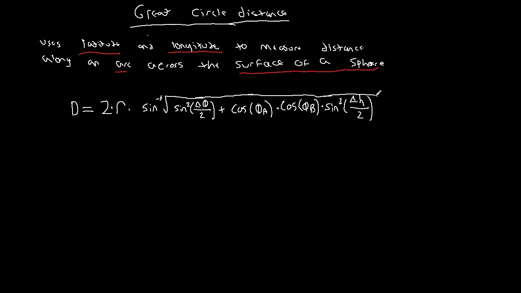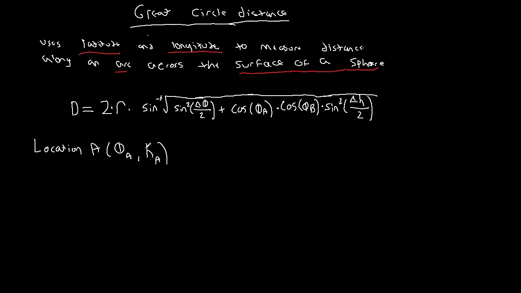So there's a lot of symbols here. There's a lot to break down. So let's go ahead and talk through the things. So the first thing we have to remember is that we have the location A with its associated latitude phi a and longitude lambda a.